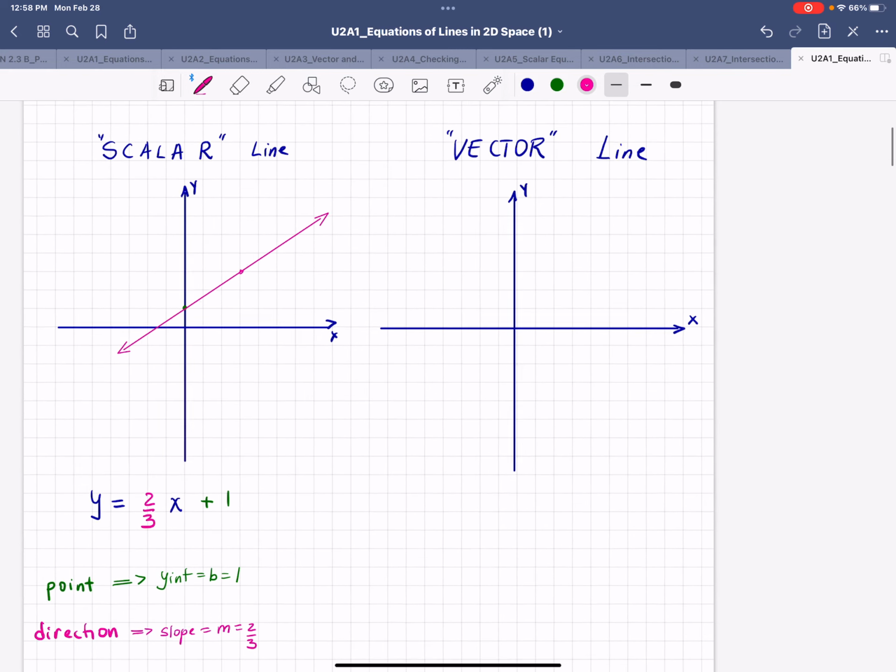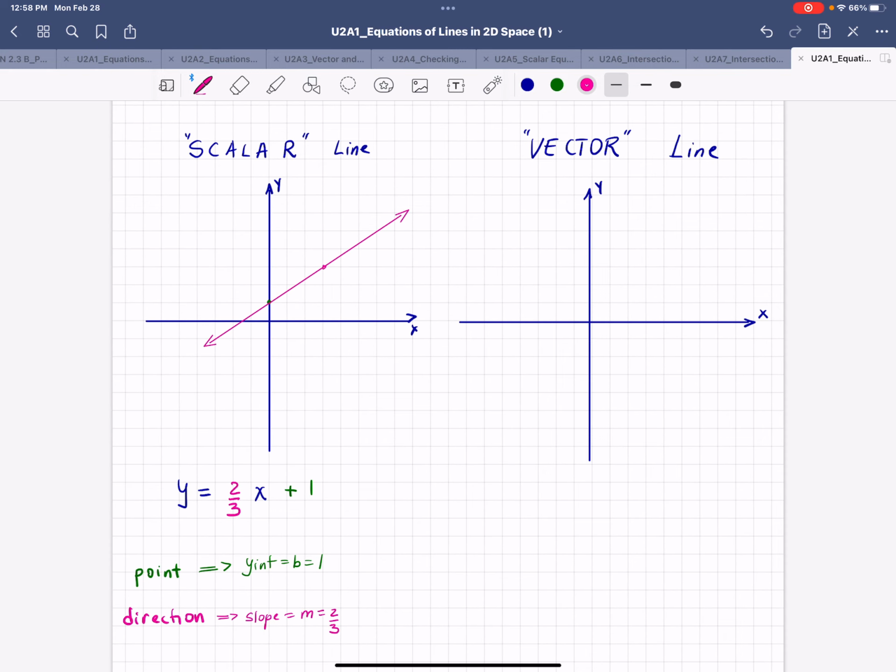Now, how do we draw a line using vectors? What does it take? In order to use vectors to draw a line, we're going to need a starting point. But in this case, since we're using vectors, we are going to call this a starting vector. The starting vector is some vector that we call r0 with coordinates x0, y0.